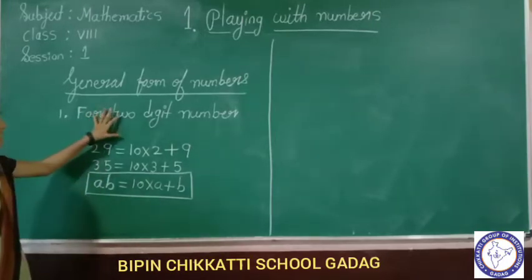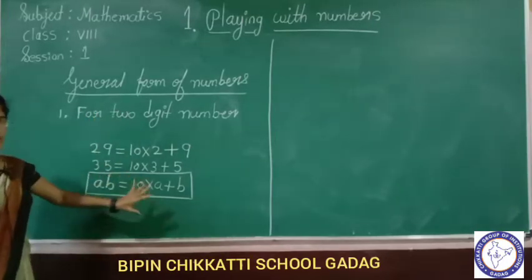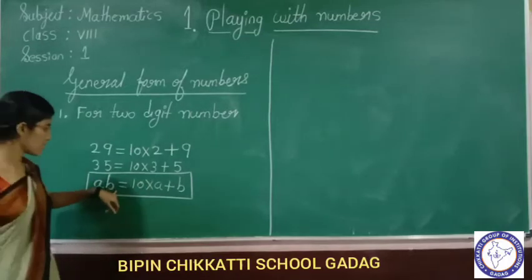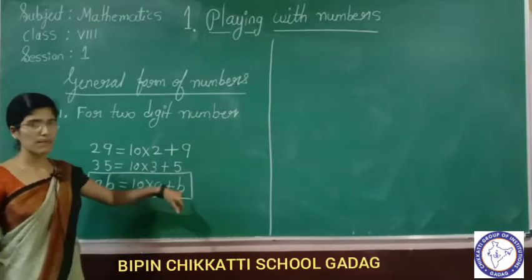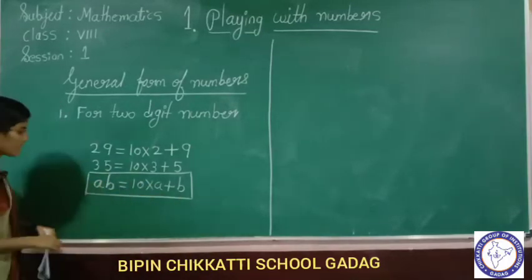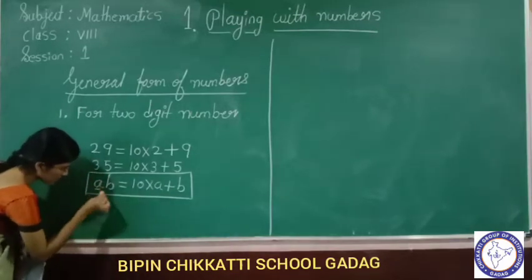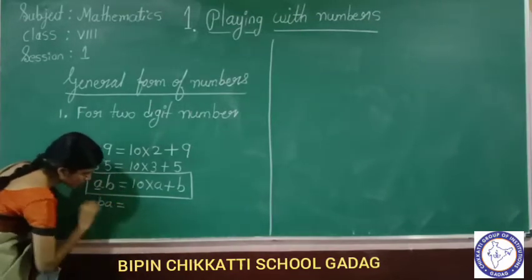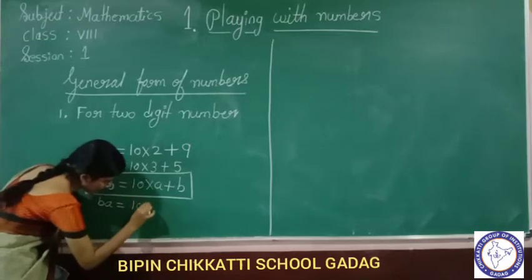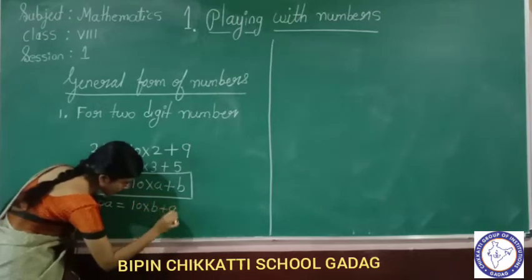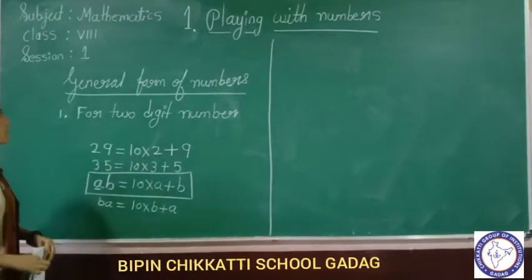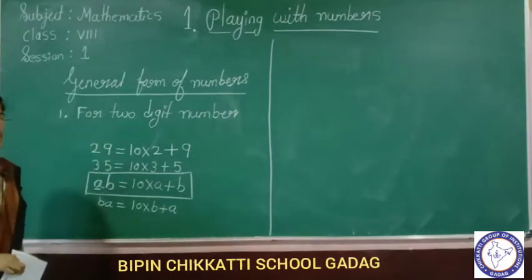This is the general form of a two digit number, that is AB is equal to 10 into A plus B. In place of AB, I can write BA is equal to, what is your general form? 10 into B plus A. This is the general form of a two digit number.